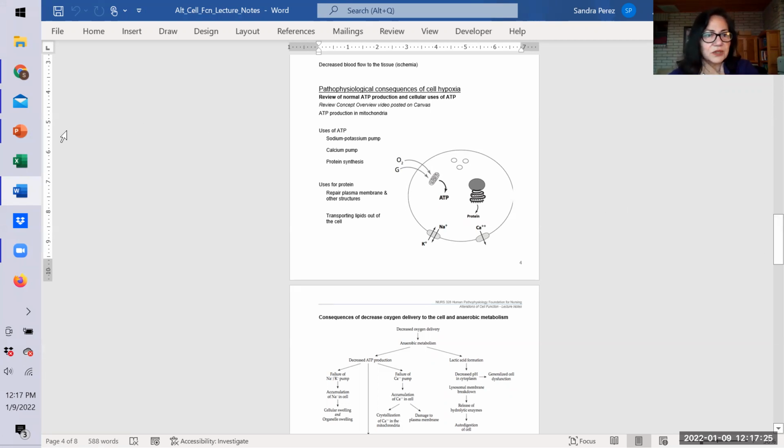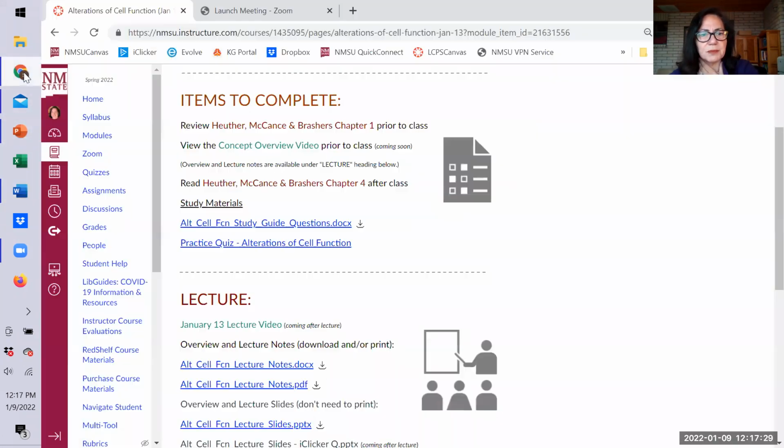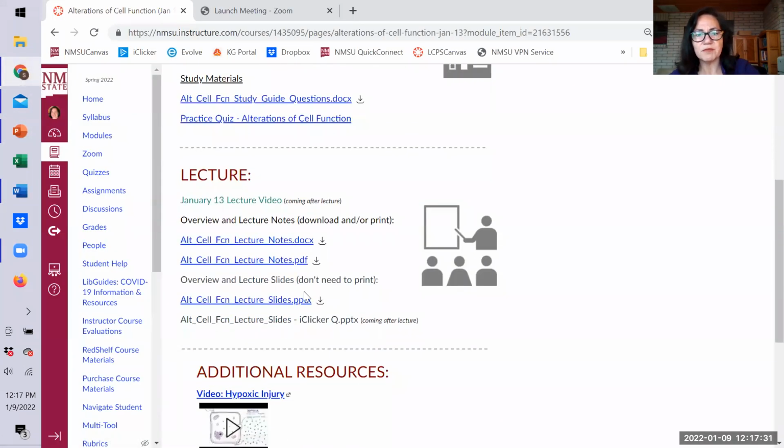So let's go to our PowerPoint. Oh, let me go back to this for a second. The PowerPoint files will always be available to you. We don't recommend printing them out. They're not necessary, but some of you are very detail oriented and want to see the details. We assure you there's no new information in the slides that's not in the notes.